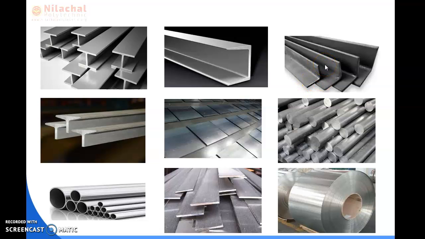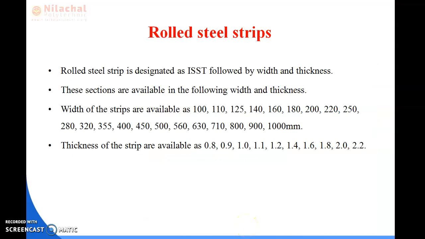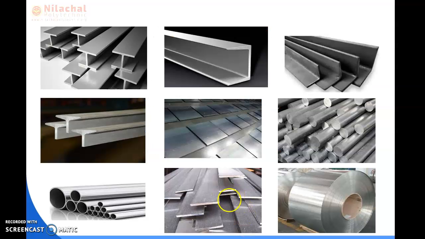Then this is the T-shape section, so you can easily identify the T sections. Then these are the plate sections. And this is the bar section, round bar. Then this is the tube section, and these are the strip sections and these are your flats. So this is all about rolled steel sections.